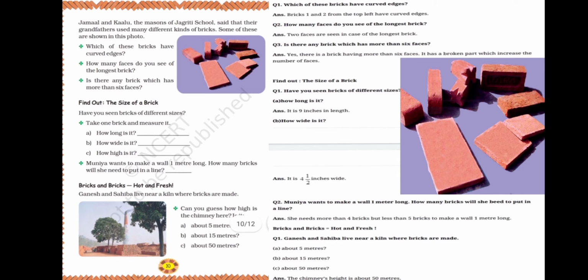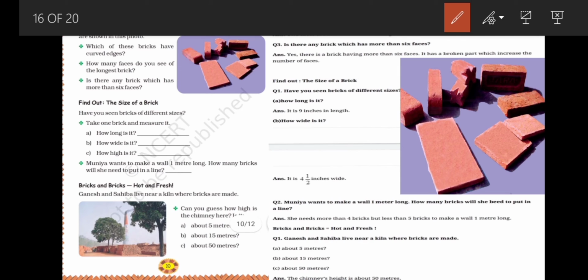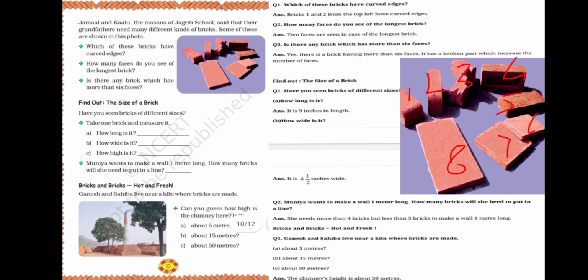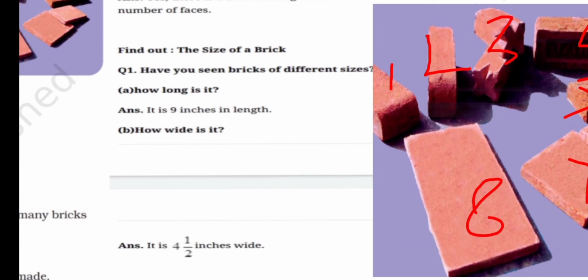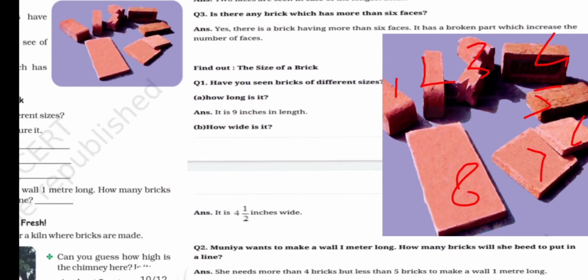Here if we give them numbers 1, 2, 3, 4, 5, 6, 7 and 8, then if we observe carefully, we will find that number 1 and 2 have curved edges.